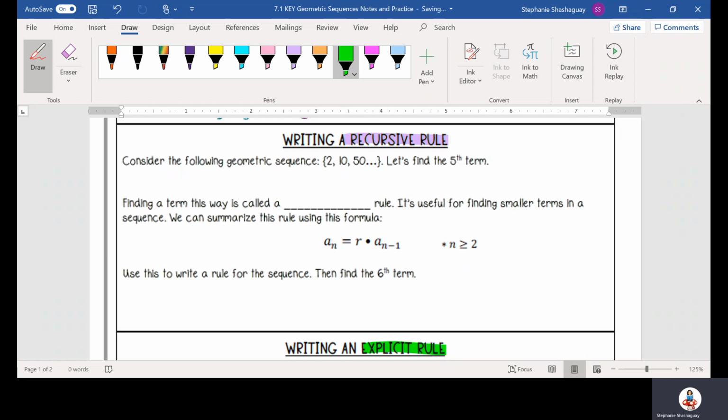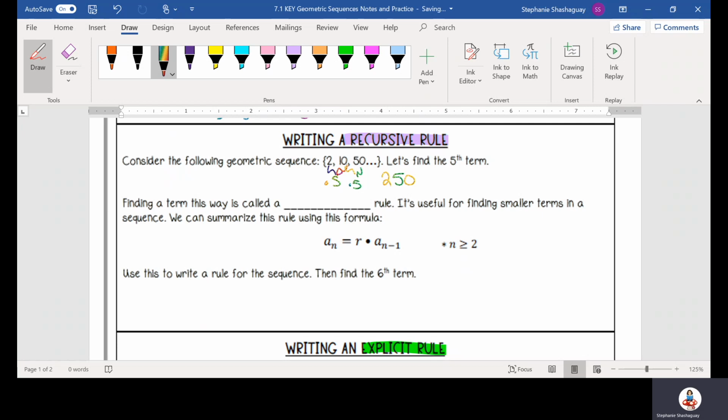To go from 2 to 10, we multiplied by 5. To go from 10 to 50, we multiplied by 5. So to go from 50 to our next term, we would multiply by 5. 50 times 5 is going to be 250.